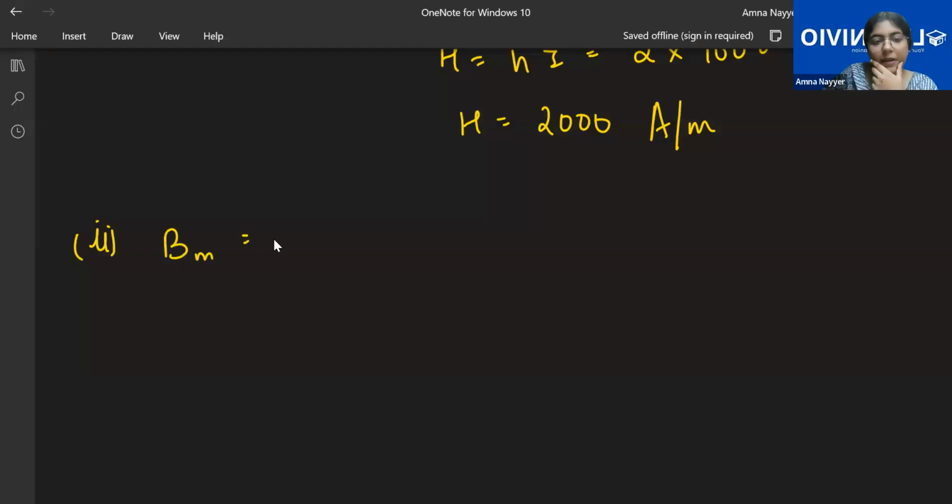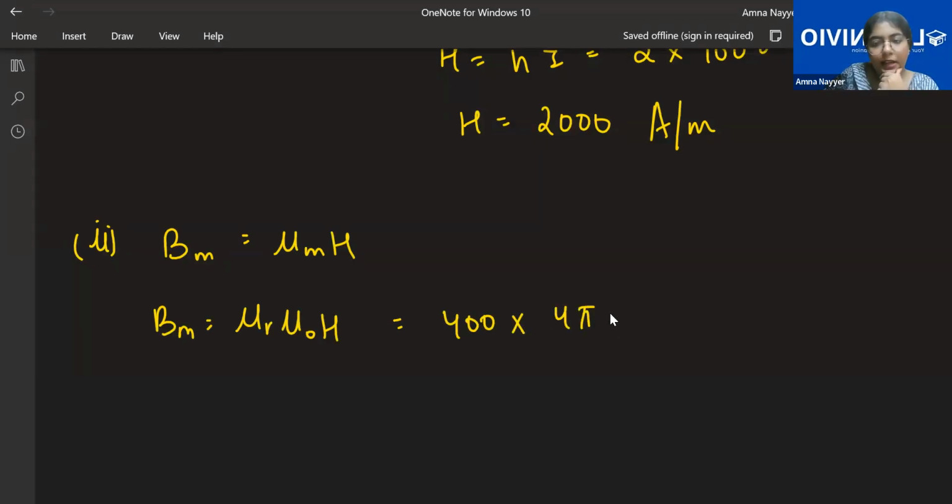Tell me for the second part, Bm is equal to mu m into H. So how can I write mu m? Mu m can be written as mu R mu 0, so mu r into mu naught into H. Now mu naught we already know, mu r is given in the question. So we'll get mu r is 400 into 4 pi into 10 to the power minus 7 into 2000.